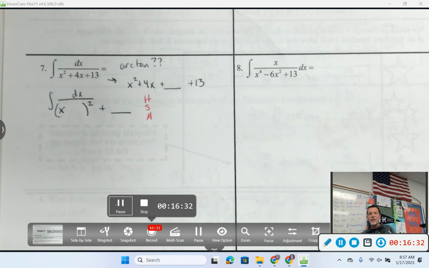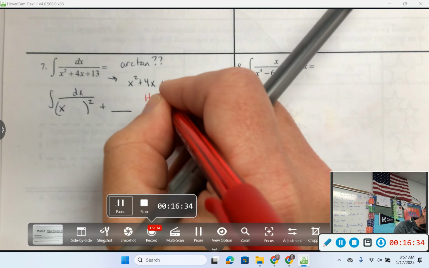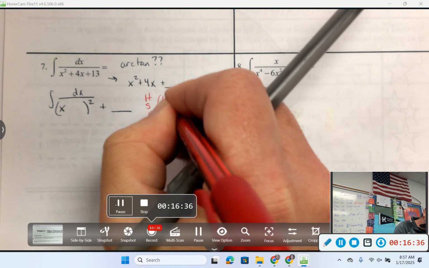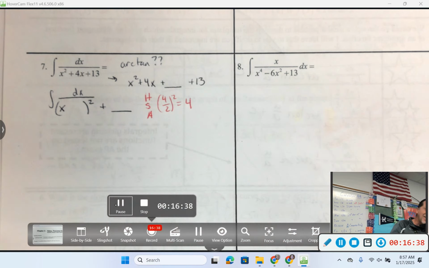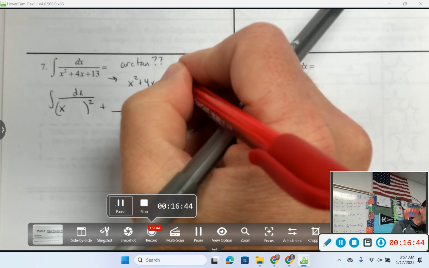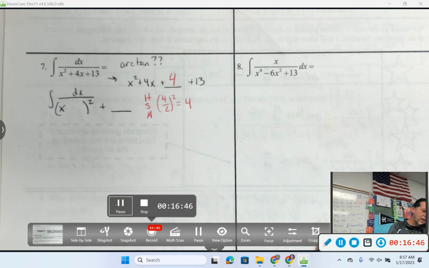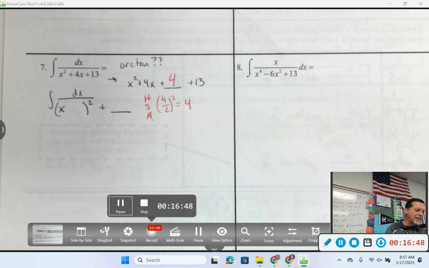Good job, Avery had a good pre-cal teacher. That's right. If you didn't remember that, your pre-cal teacher clearly was lacking. So I can put a plus 4 there. Half of b, square it, and add it.